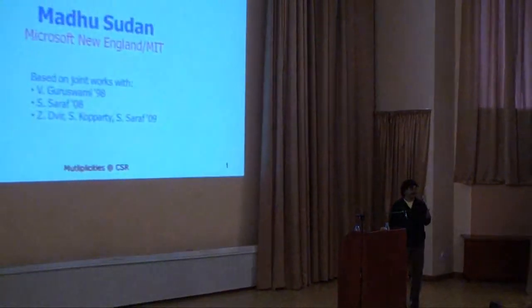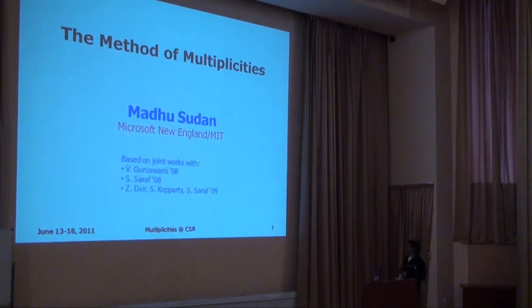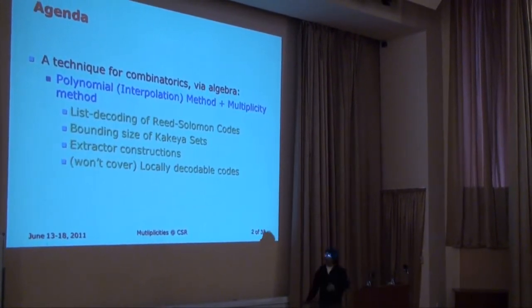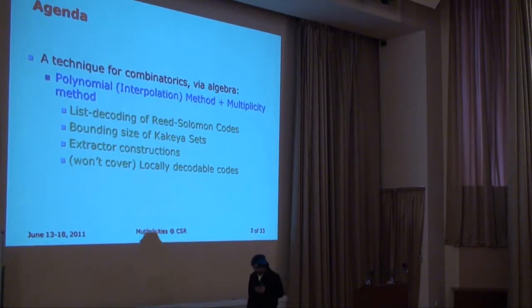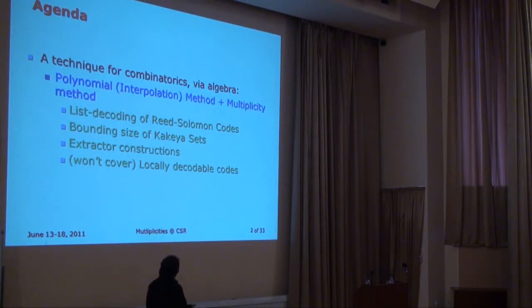So that said, let me jump to the talk. What's the agenda today? This is based on a bunch of joint works. Hopefully I'll say the names again, but if not, the slides are online and you won't remember it anyway. The agenda is to give you a technique which can be applied to a certain class of combinatorial looking questions, but the technique goes via algebra, and in some cases the algebra is sort of surprising how it's coming up.